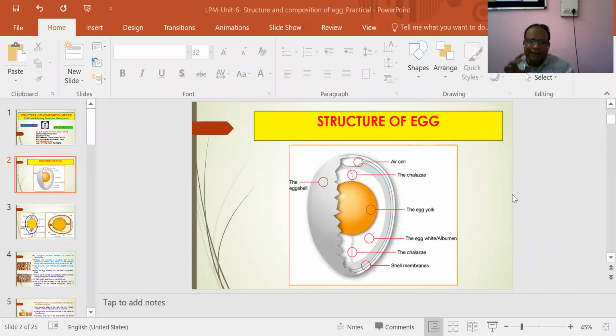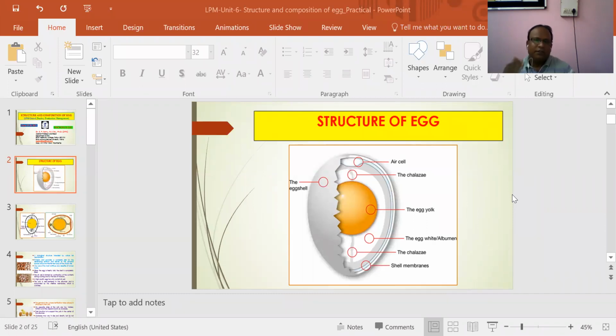When an egg is freshly laid by the hen, after that there will be some time for keeping the egg for storage, for transportation to reach a consumer, or for reaching the hatchery for hatching of chicks. So there are two purposes of eggs.